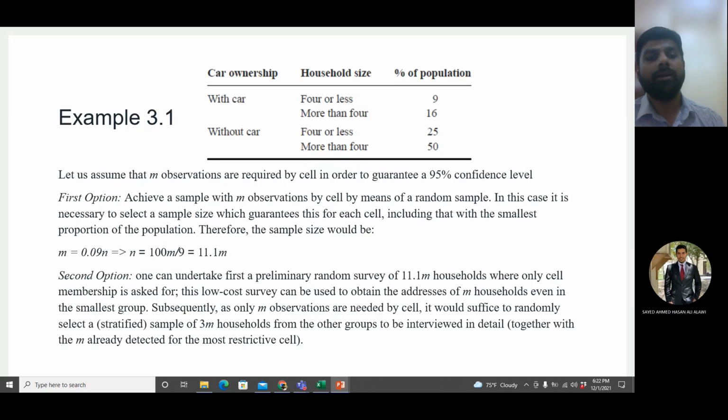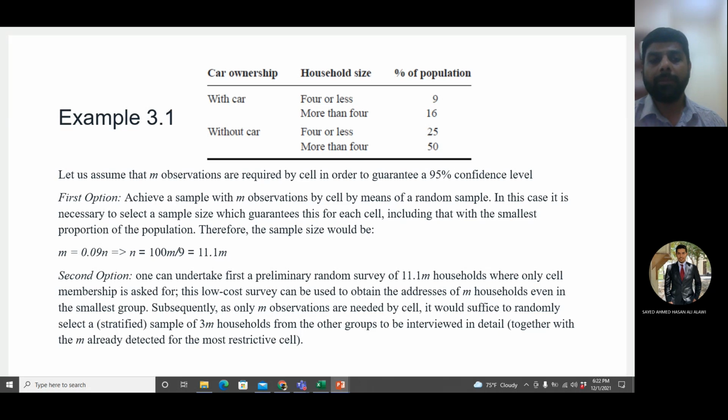Let us assume that we have m observations which are required for each cell. You can see there's a table given, with different categories of data mentioned here.